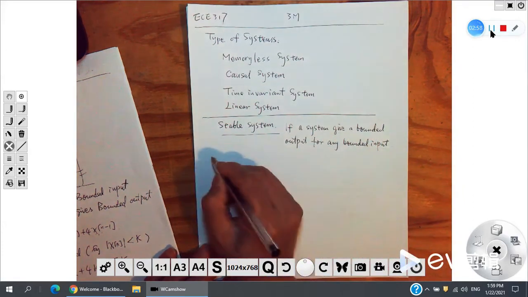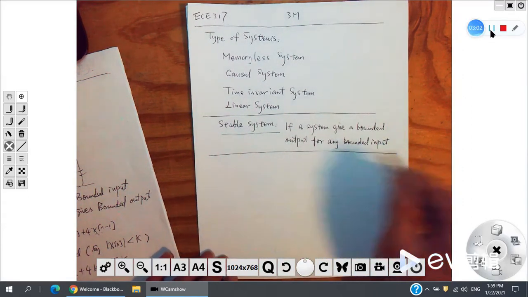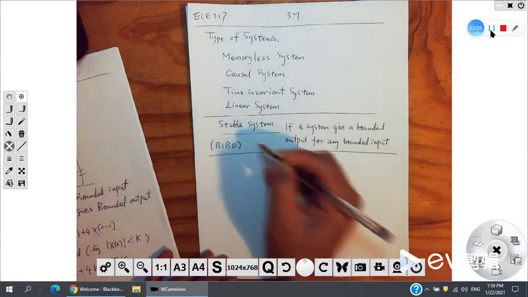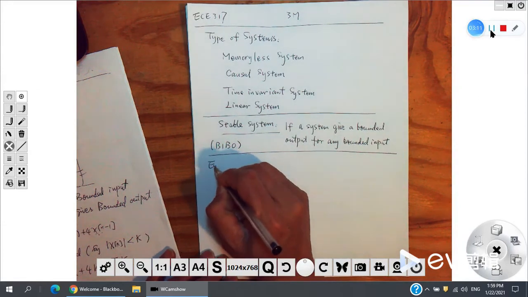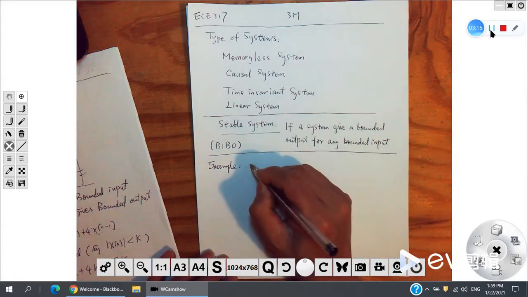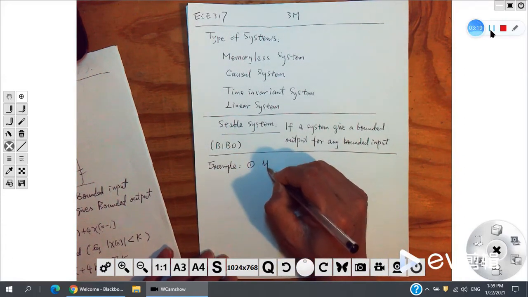Now let's consider an example to explain it. Actually, we call this BIBO stability. We can consider several examples. The first one, consider a system.